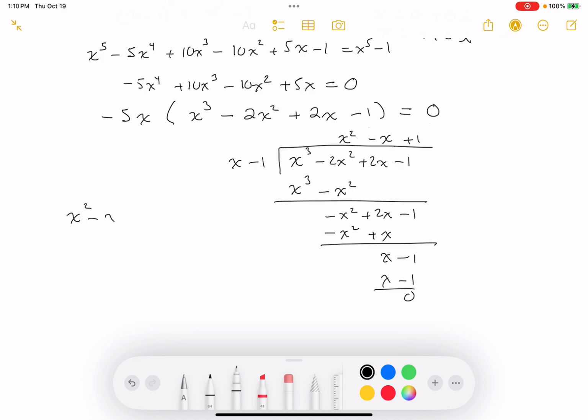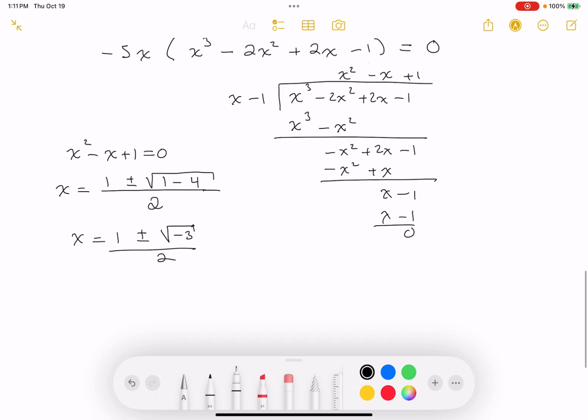I can't factor it, so I have to use the quadratic formula. Let's write that down. x equals, let's see, over 2, 1 plus or minus. And what do you get there? Let's see, b squared would be 1, minus 4 times 1 times 1 is 4. So you get x equals 1 plus or minus the square root of minus 3, over 2.